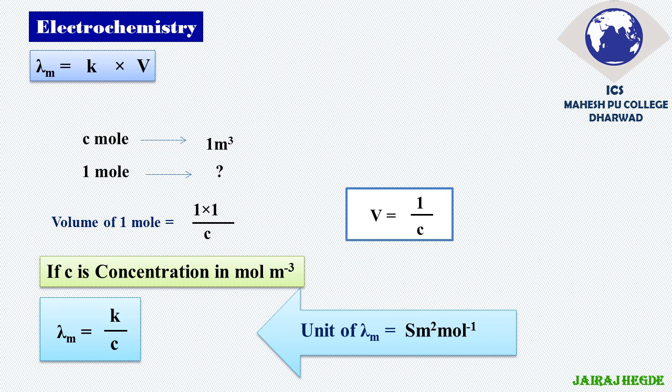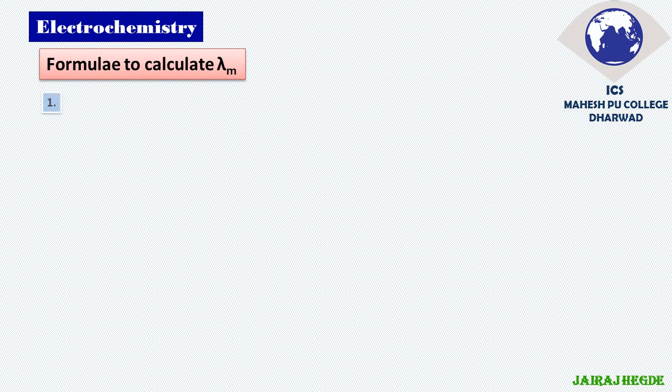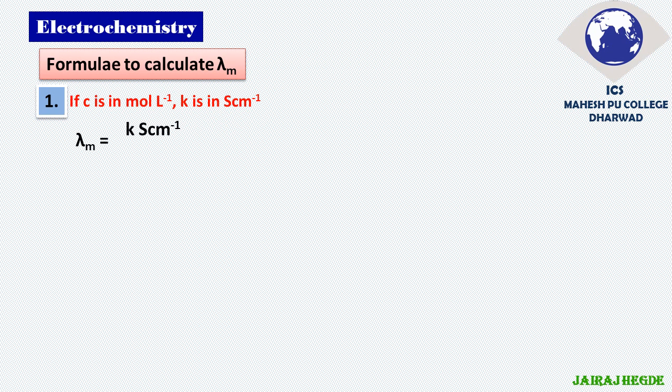Let us see how to calculate if the concentration is in terms of mole per liter or molarity. If the concentration is in mole per liter or molarity, and kappa is not in Siemens per meter but in terms of Siemens per centimeter, then the formula will be deduced like this: lambda m is equal to kappa in Siemens per centimeter and C in mole per liter.